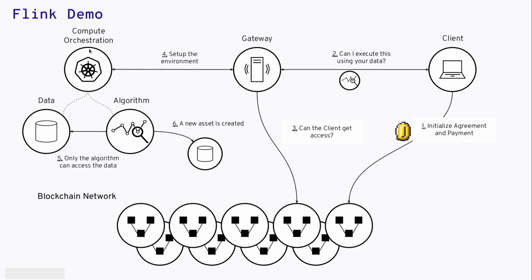We will have the data provider infrastructure that's going to be running the Nevermind compute stack, and we will have a data consumer that's going to buy access to the data and will also publish an algorithm that will then be downloaded by the data provider that's going to set up the execution environment. It's going to run the algorithm, and in the end it's going to publish the result of the computation as a new asset and make it available to the client.